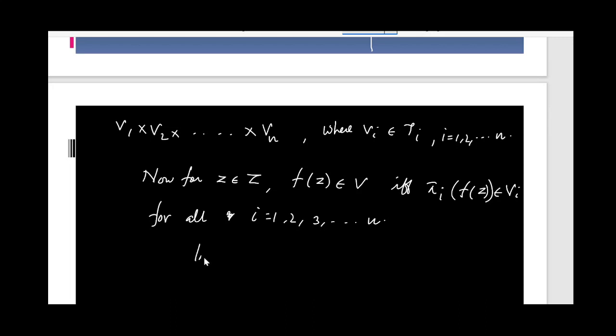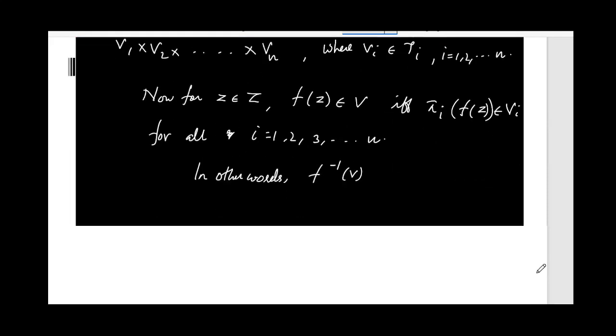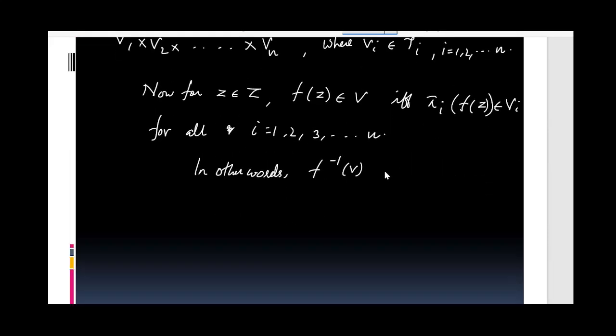In other words, f inverse of V can be written as the intersection i equal to 1 to n of fi inverse of Vi. Here pi i composition f we have denoted as fi.